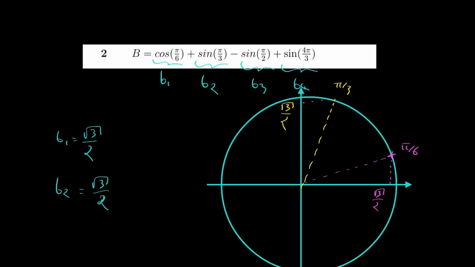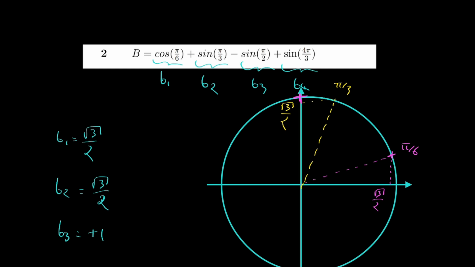Same thing with sine of π over 2. π over 2 is located here, and its sine, because we read the sine on this axis, is equal to plus 1. So B3 is equal to plus 1. I do not go into details because you need to know these angles.